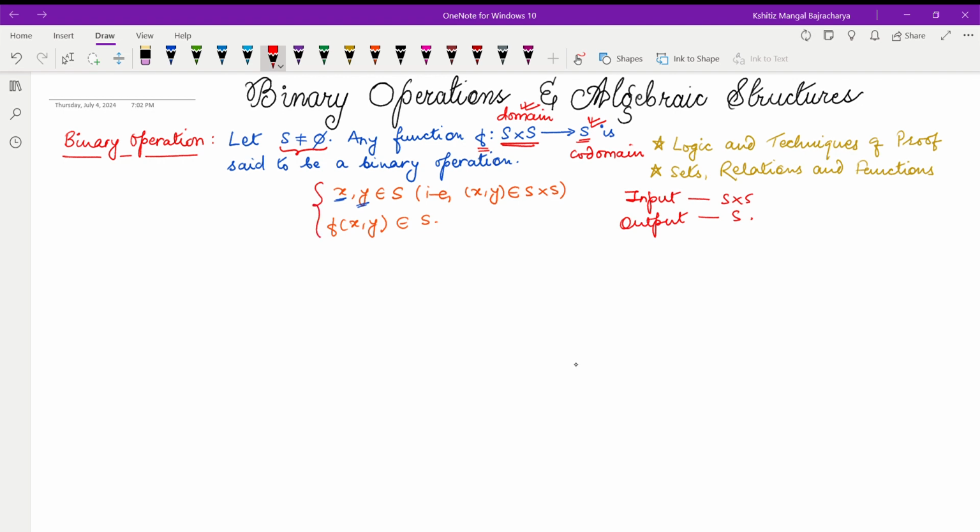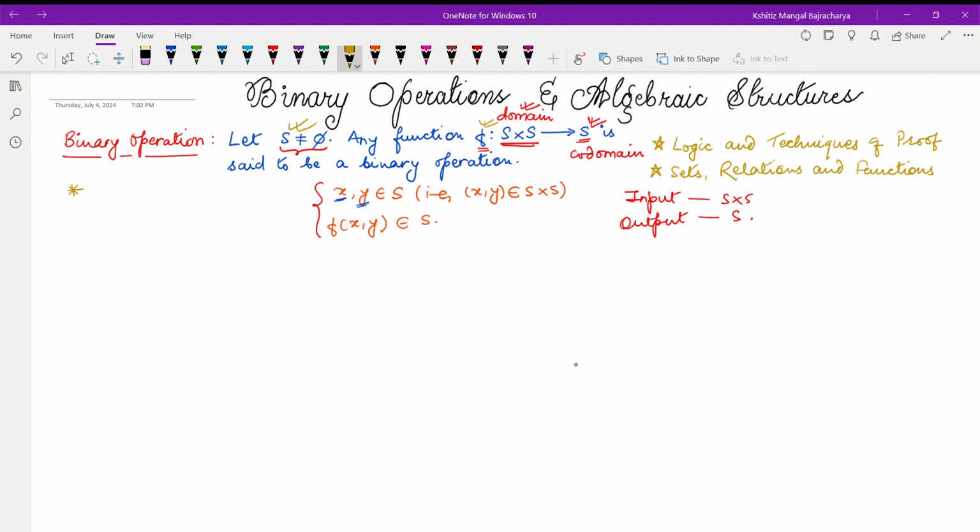Now, rather than using the usual notations of f, g, h, phi, okay, let's not use phi because it might clash with the notation for non-empty sets. So instead of using f, we're going to use symbols like the asterisk.